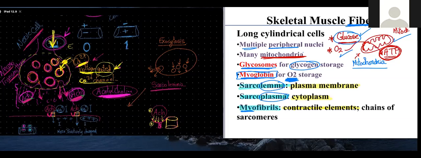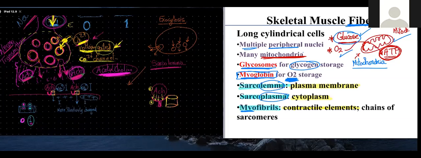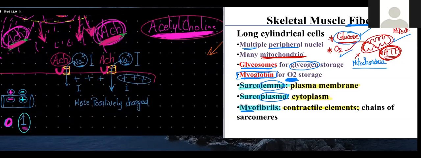Acetylcholine, once it gets released by exocytosis from the nerve cell, binds to its receptor. Once the acetylcholine binds to its receptor, you're going to be able to open sodium channels. When I open the sodium channels, what's going to happen to the sodium?